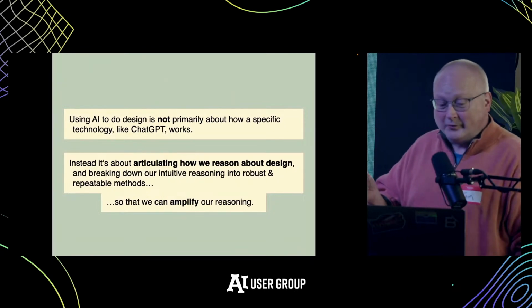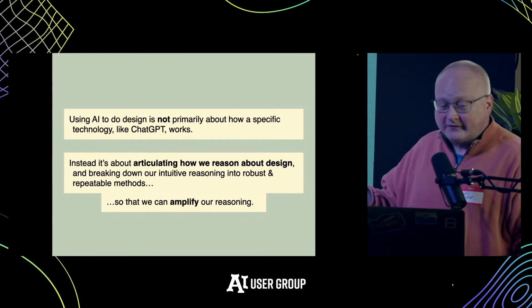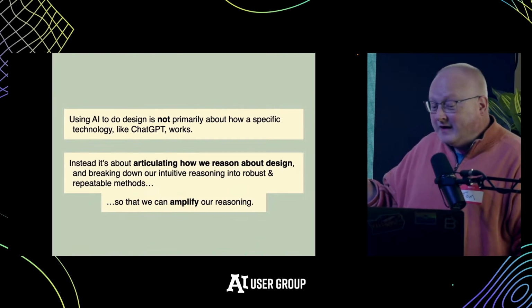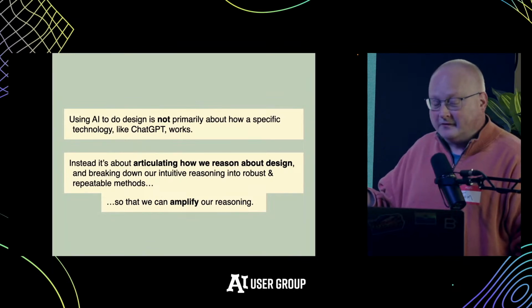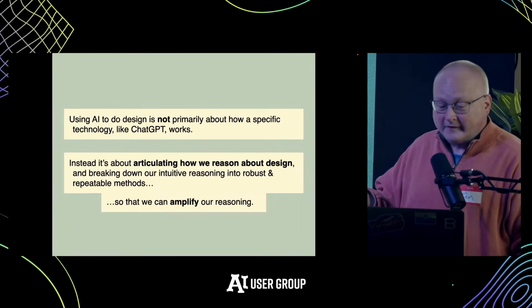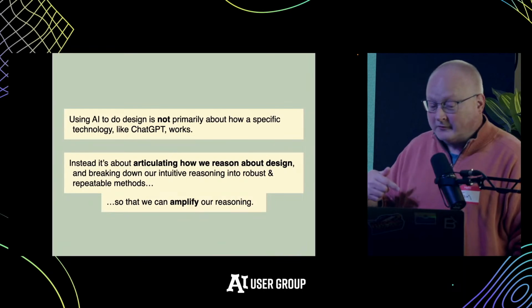I have a lot of exciting slides, and I'm going to try to get through all of them really fast. First of all, this is my general philosophy, and it's that using AI to do design is not primarily about a specific technology like ChatGPT, although the technology matters and you need to learn your technology. Actually, most of the prompts I share with you, I've had students try in Claude in particular, and it works quite well in Claude.